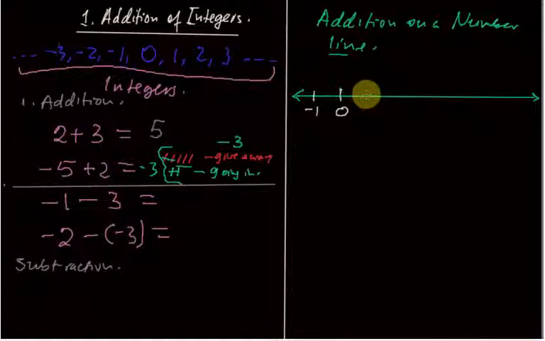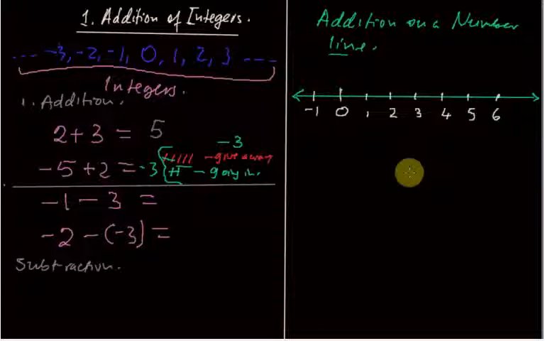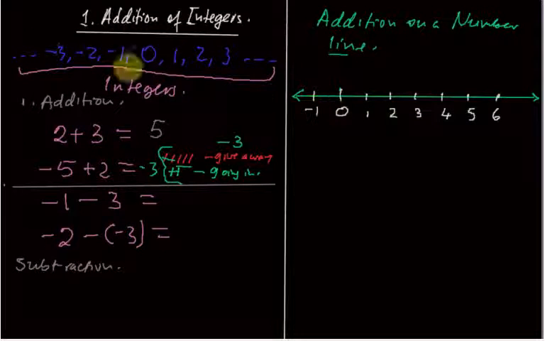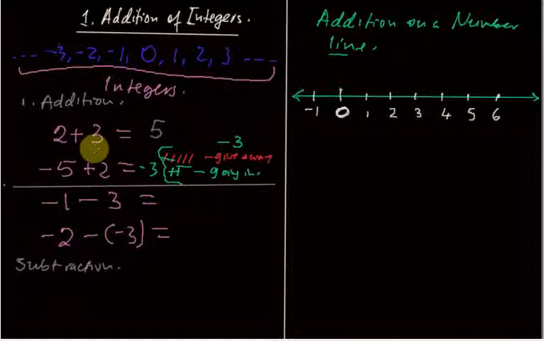And here I'm going to have 1, this is my 2, this is my 3, this is my 4, this is my 5, and this is my 6. It continues in both directions, to the positive and the negative direction. So this is a 0. So the thing here is 2 plus 3.